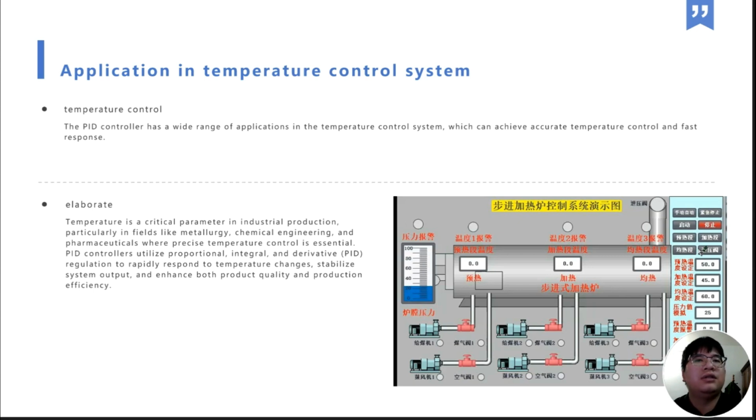Temperature control. For example, the air conditioner at home might control the temperature you set through PID algorithms. When the room temperature is much lower than the set value, it will provide stronger cooling power.